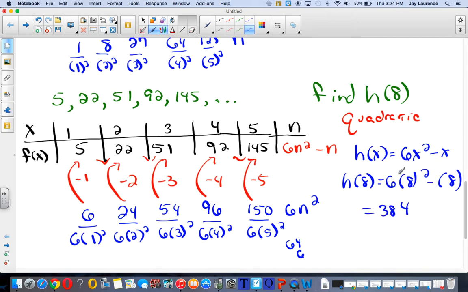Minus 8. If I take 4 away, I get 380. I take 4 more away, I get 376. There you go, 376.